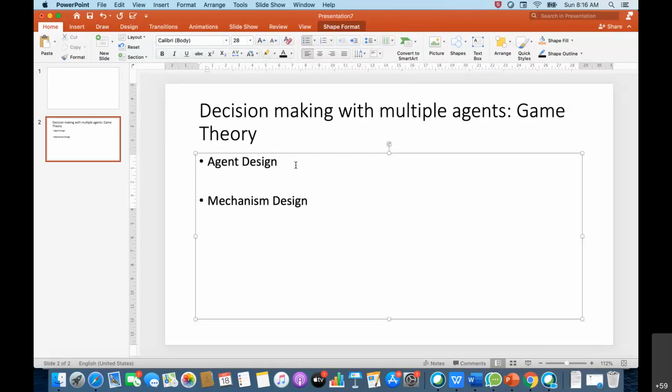Agent design means who the agents or players should be to play the game and what they should do. Mechanism design is the mechanism by which, or following which, the game is played.